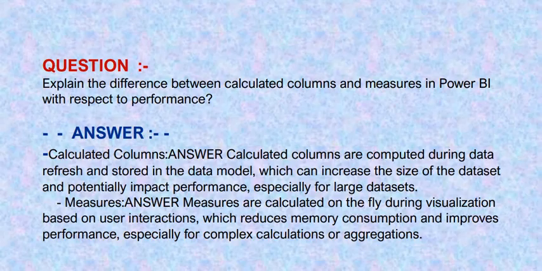Our next question is, explain the difference between calculated columns and measures in Power BI with respect to performance. Your answer should be: Calculated columns. Calculated columns are computed during data refresh and stored in the data model, which can increase the size of the data set and potentially impact performance, especially for large data sets.